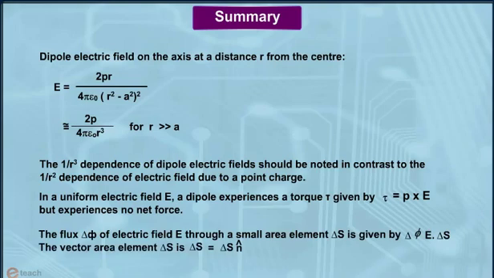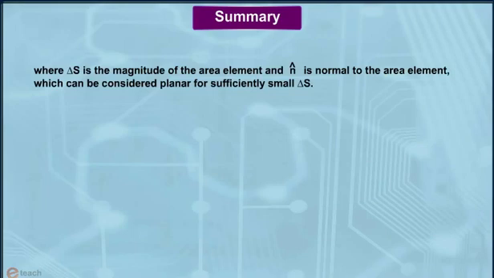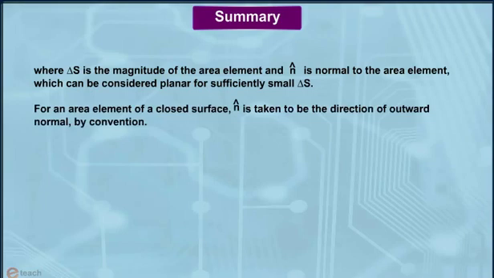The flux of electric field E through a small area element delta S is given by E dot delta S. The vector area element delta S is as shown, where delta S is the magnitude of the area element and unit vector n is normal to the area element, which can be considered planar for sufficiently small delta S. For an area element of a closed surface, unit vector n is taken to be the direction of outward normal by convention.